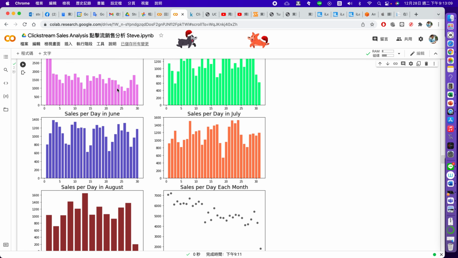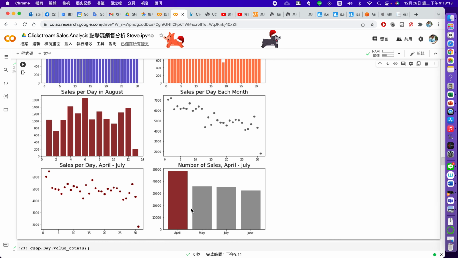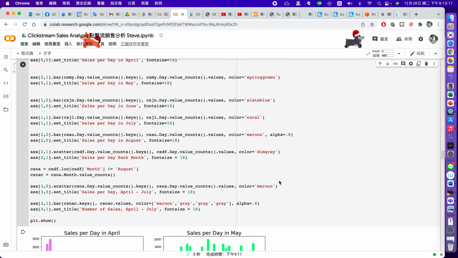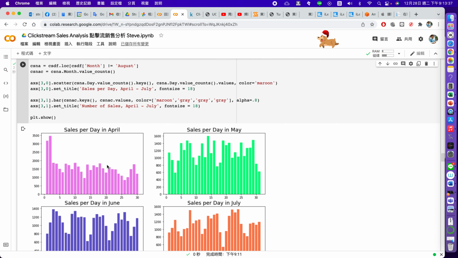So you may see there 1, 2, 3, 4, 5, 6, 7, 8, 8 subdiagrams in this diagram. Okay, so we use the row and column. So they have 4 rows and 2 columns. So you may see the difference for each subplot.